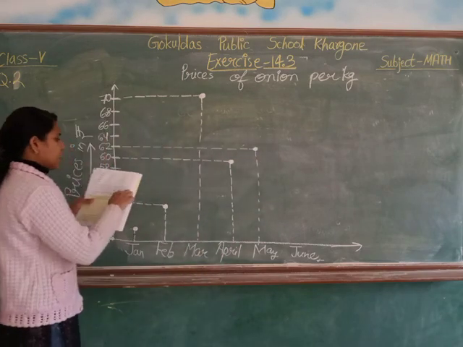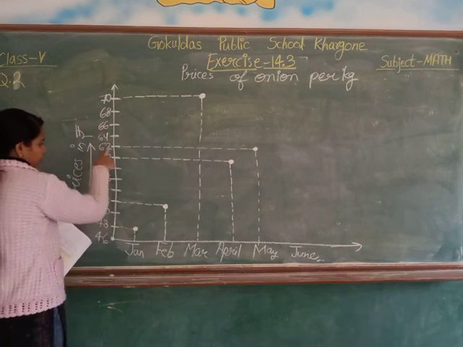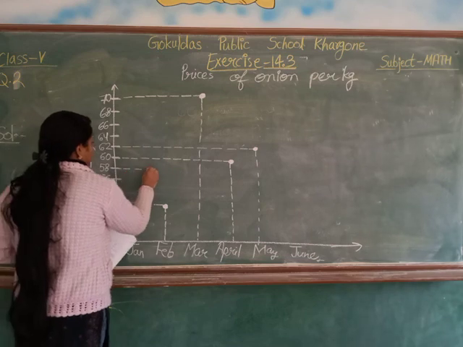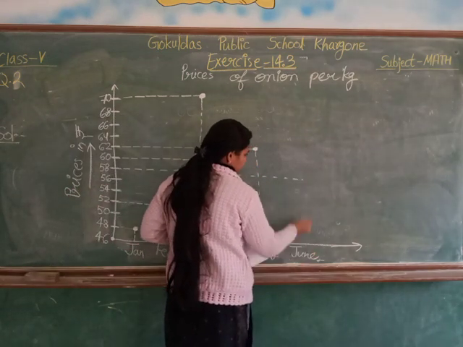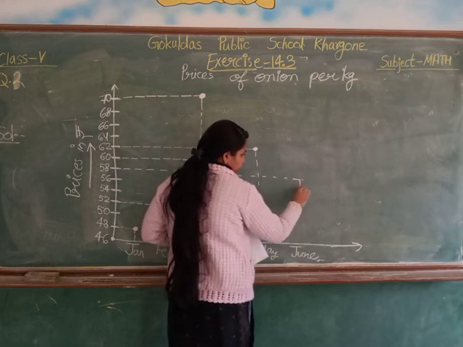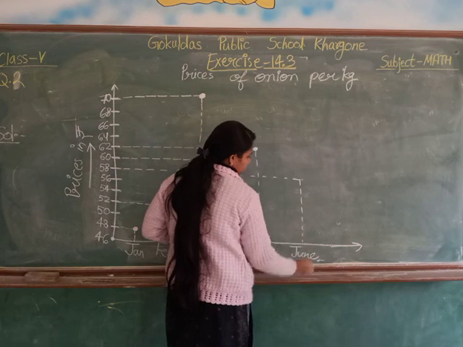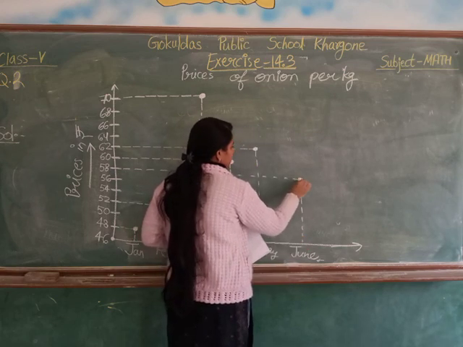Now for June, the price was 58. So on the vertical line, find where 58 is. 58 is here. Draw one dotted line till you reach June. Now, as you reach June, draw one vertical line. You got one meeting point, so make it a dark point.